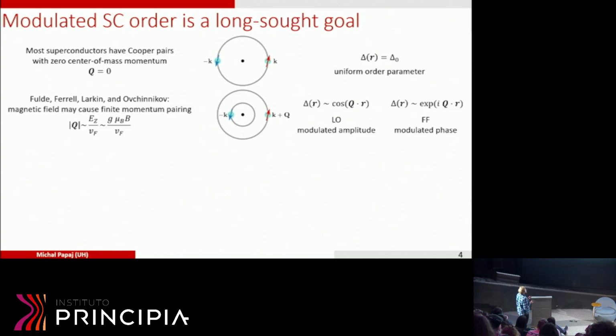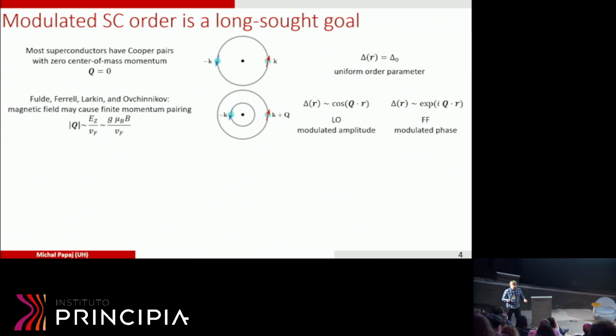We can no longer pair spin up and spin down states with exactly opposite momenta, but we will necessarily have this Q vector. And depending on the approach, you can either arrive at a modulated amplitude, so our order parameter varies as a cosine of Q dot R, or we can have a modulated phase, so we have the exponent of i Q dot R behavior.